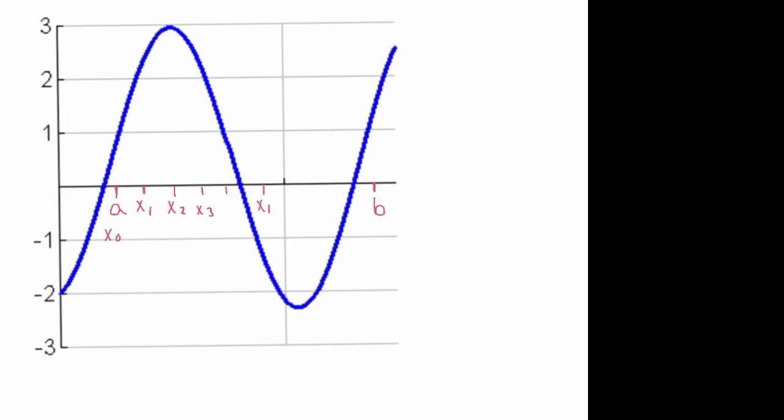This could be x sub k minus 1, and that'll be x sub k. This will be x sub n, x sub n minus 1, etc. And I'm not going to use function notation. I'm actually going to call this point right here x naught, y naught.